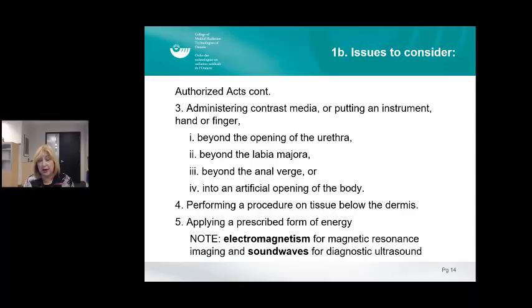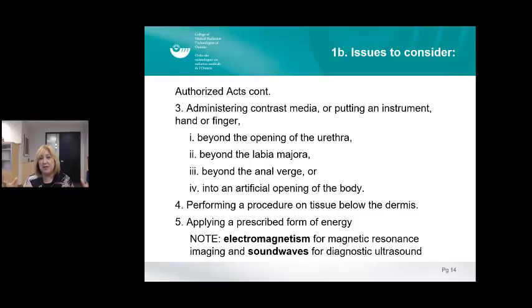Well, first of all, brain surgery is not part of the scope of practice of the profession as we just looked at it. Secondly, medical radiation and imaging technologists do not have the knowledge, skill, and judgment to perform brain surgery. It's not part of our educational programs. And thirdly, we wouldn't have an order from a physician or another authorized health professional to do it.